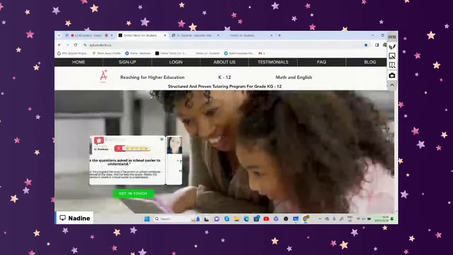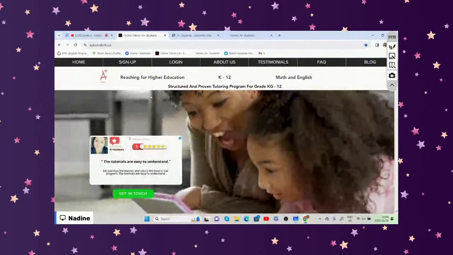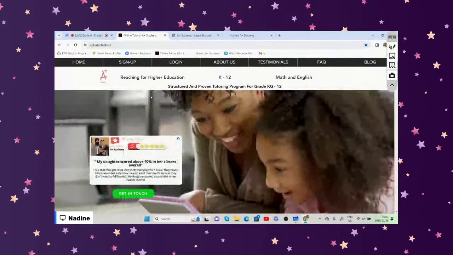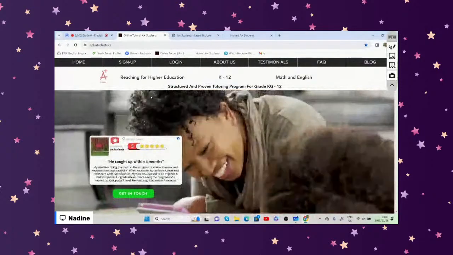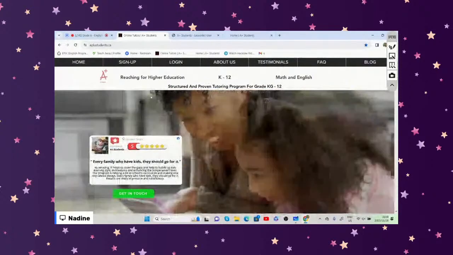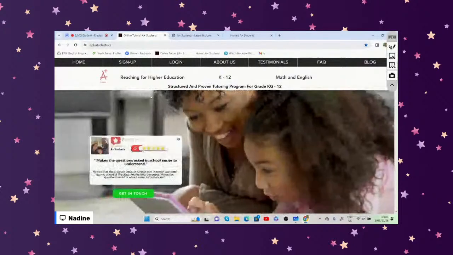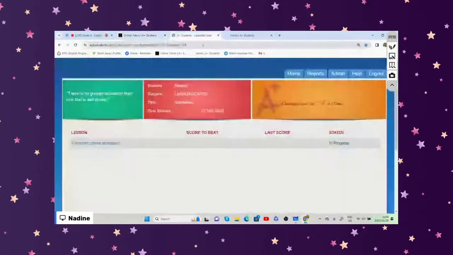And once we've selected the subject of language arts, grade 6, we're going to scroll down until we get to the chapter of addresses.